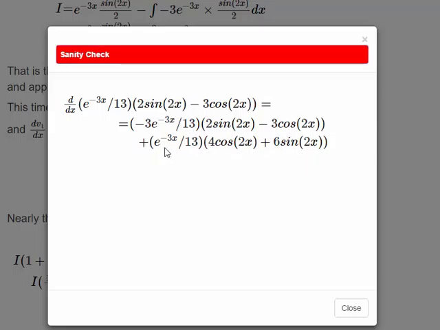We've got e to the minus 3x over 13 in the second term, and we have minus 3 e to the minus 3x over 13 in the first term.